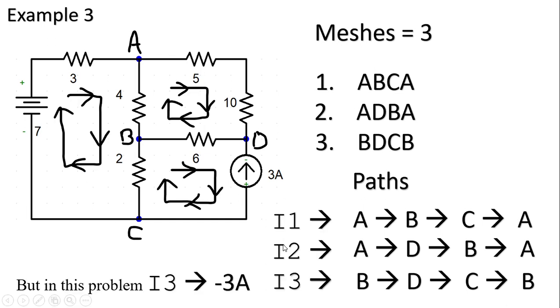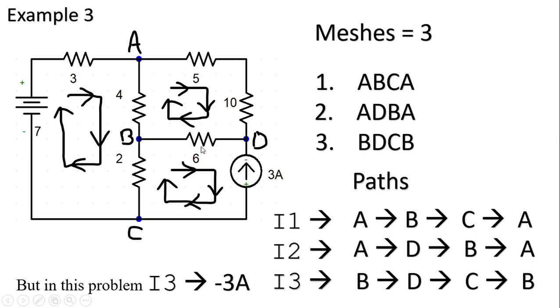B to D, D to C, C to B is the third mesh. Right? Let us assume the currents in three meshes like I1, I2, I3. I1 is the current in the first mesh which is going in the clockwise direction. I2 is the current we are assuming in the second mesh, which is also flowing in the clockwise direction.